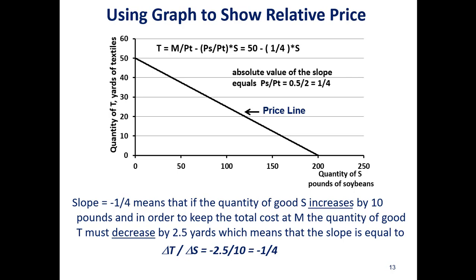The line that goes in between represents different combinations that they could produce or purchase, if you want to look at it from the price point of view, given the resources they have and the trade between what you're giving up when you make one more unit of soybeans.